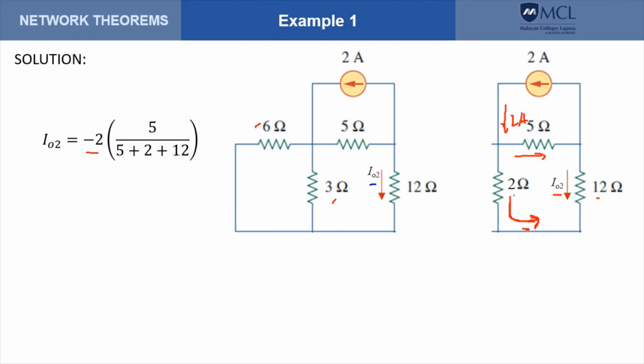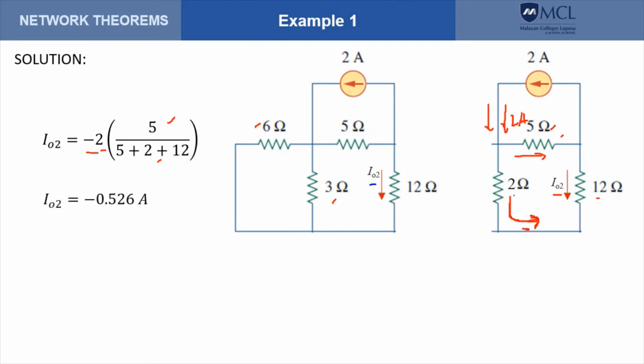So 2 here is the current that is flowing through the parallel combination times again a factor. To compute for this current, the numerator should be the resistance on the other parallel branch divided by the total resistance of the two parallel branches. So 5 plus 14.